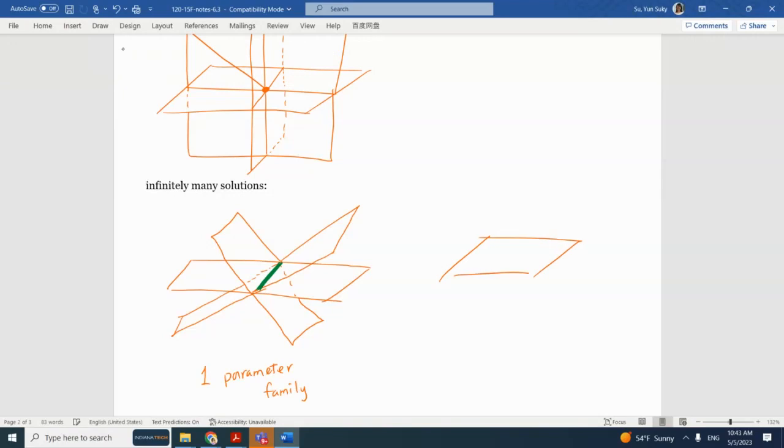Or all three planes are the same plane. Well, then you get a two parameter family. So there's still infinitely many solutions, but here they intersect at one line, and here all three planes are the same plane.